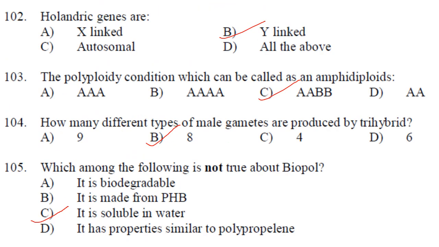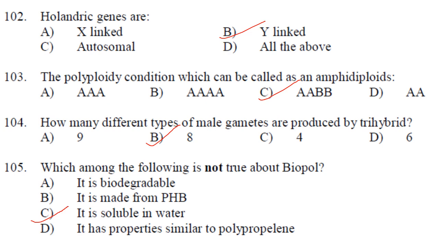Holandric genes are Y-linked. The polyploidy condition which can be called amphidiploid: amphidiploid has a diploid set of chromosomes from each of its parents. So if you see C, it has AA from one parent, BB from another parent. So C is the answer. Whereas in the other options, B doesn't come into the picture.